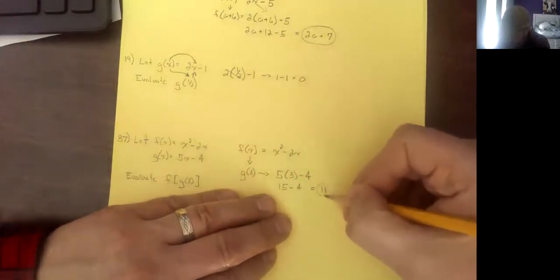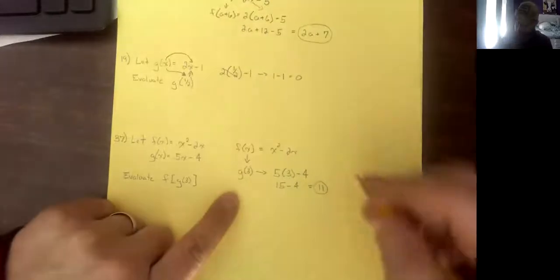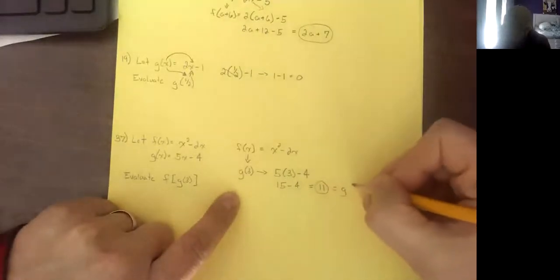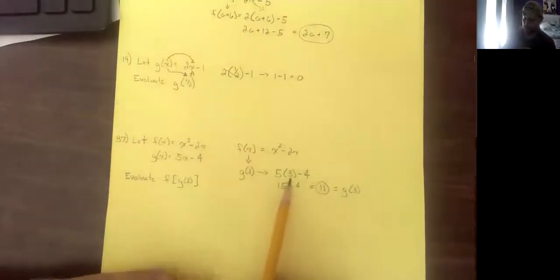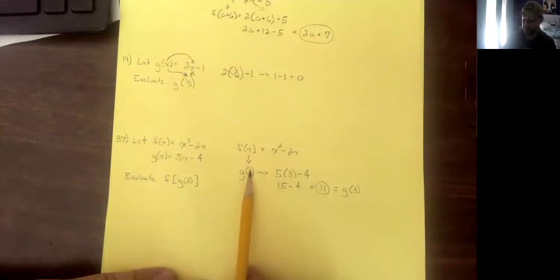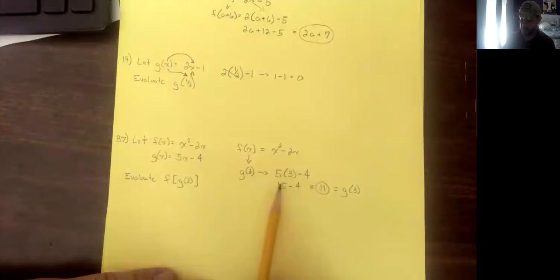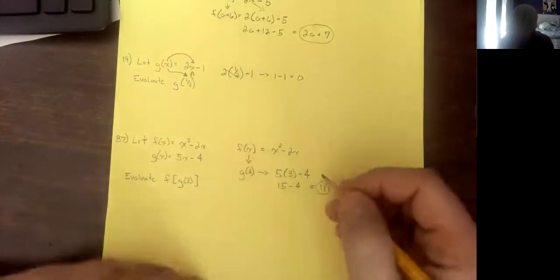I'll put it over here. So g of 3 equals 11. When I plug 3 in for g of x, which was 5x minus 4, that means g of 3 is 5 times 3 minus 4. That means g of 3 equals 11.